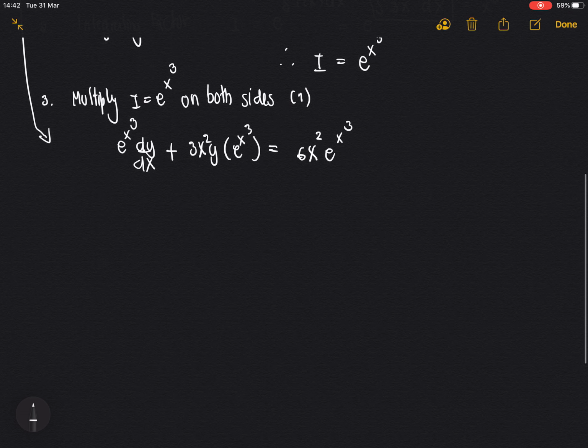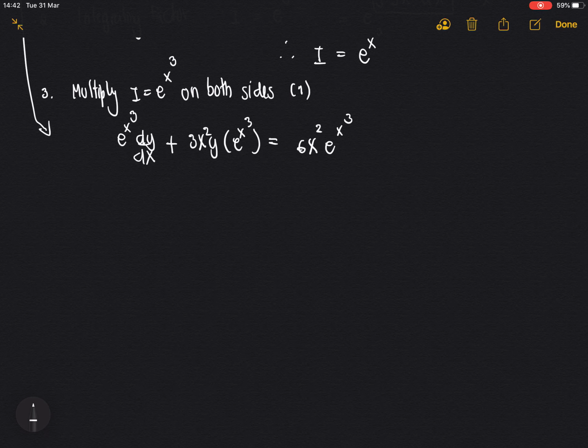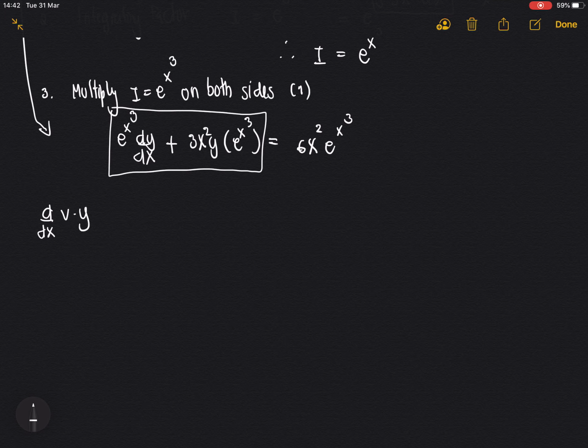I would like you to focus on the left hand side of the equation here. If you look at this result carefully, you can see that it comes from the product rule between v multiplied with y, where v in this case is the integrating factor. So let's describe the product rule first.